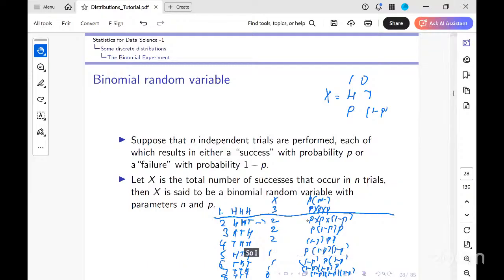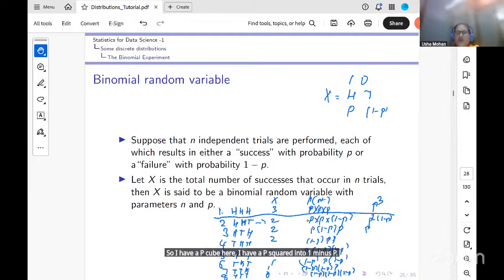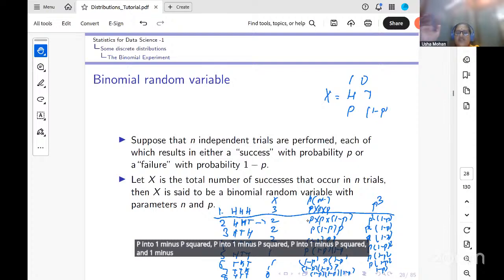So I have a P cube here, three terms of P square into 1 minus P, three terms of P into 1 minus P square, and 1 minus P whole cube. Is that right?